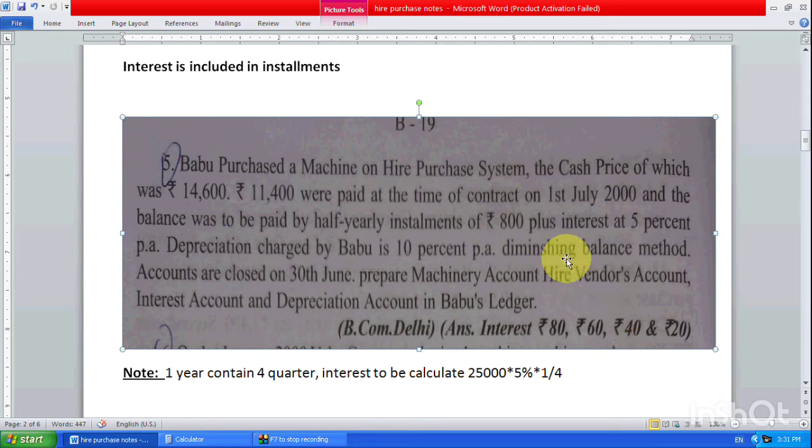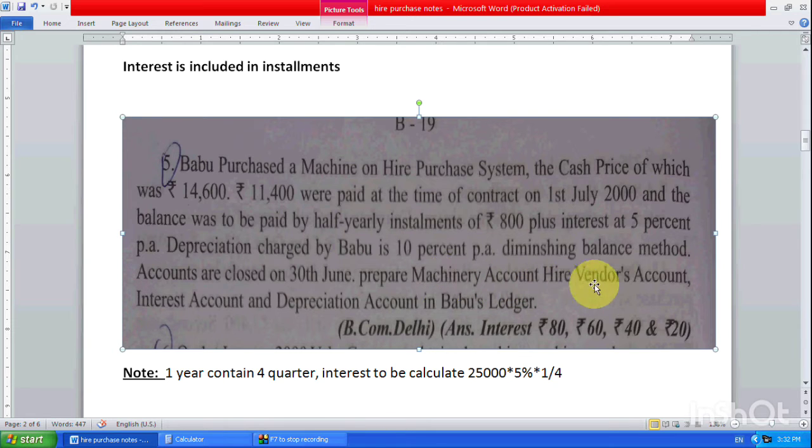Depreciation charged by Babu is 10% per annum, diminishing balance method. Accounts are closed on 30 June. Prepare machinery account, hire vendor account, interest account, and depreciation in Babu's ledgers.